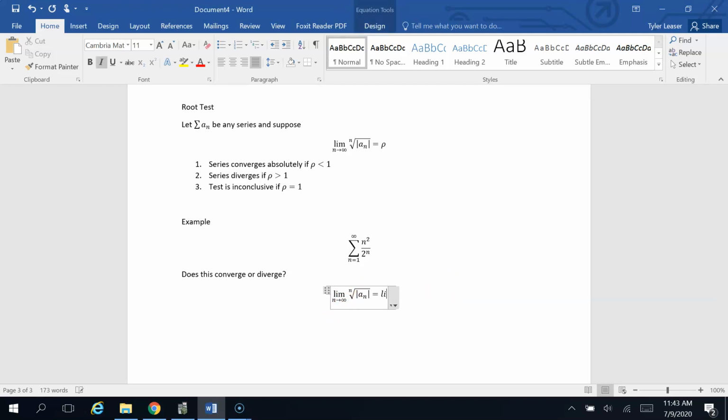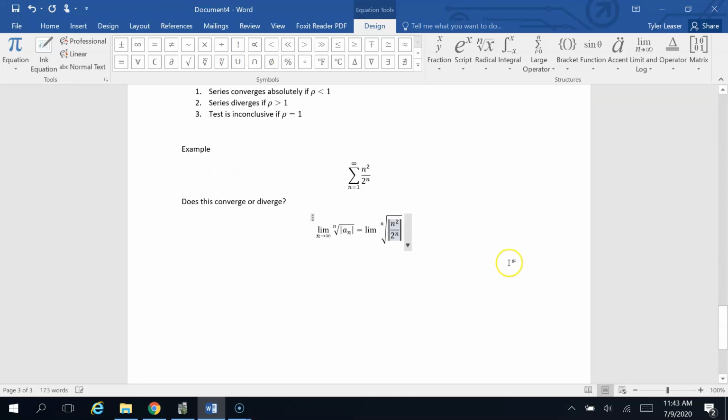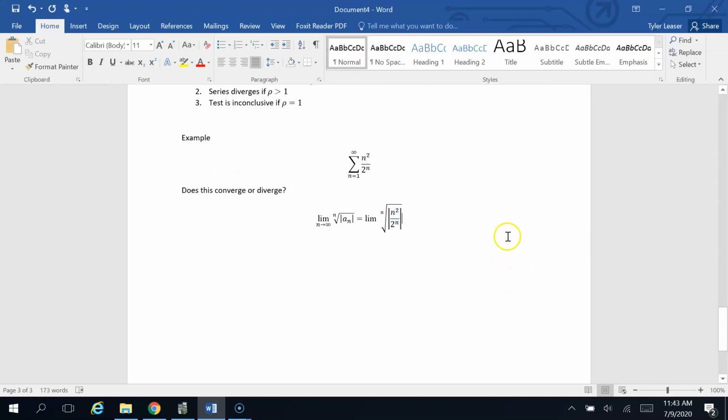So for our instance, it's going to be the limit of the nth root of the absolute value of n squared over 2 to the n, just whatever the sequence is as is with our n's. Okay, first things first is that because my n is going from 1 to infinity, everything on the inside is already positive, so we can ignore the absolute value.